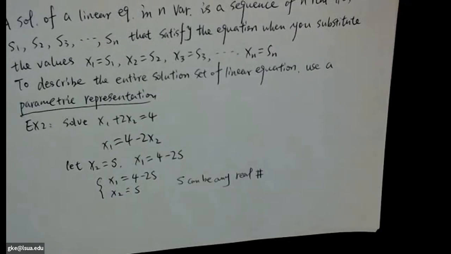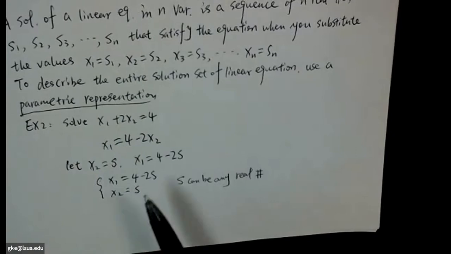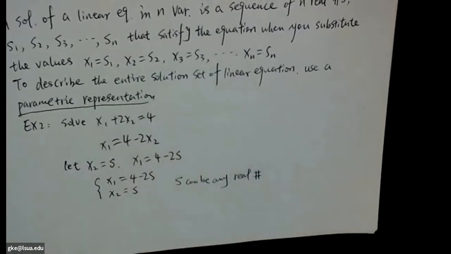So how many solutions for this linear equation? Infinity, right? We have infinitely many solutions because you can pick whatever s is, as long as it is a real number, we can always find the solution.